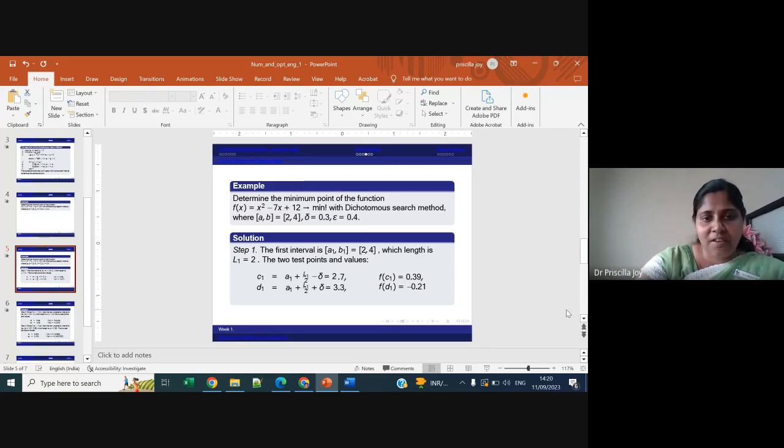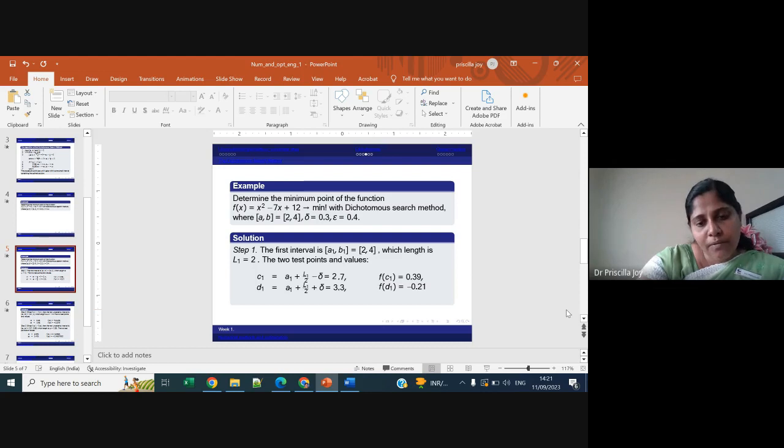So 2.7 square minus 7 into 2.7 plus 12, which will give you 7.29 minus 18.9 plus 12, which will give you the value 0.39. Okay, and again we need to find D1.